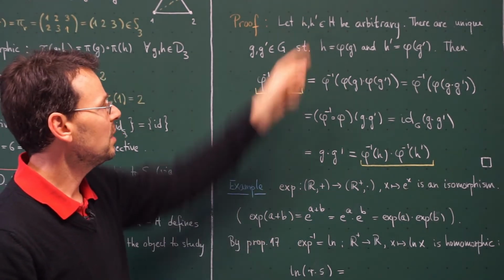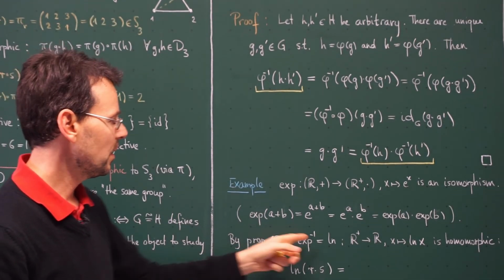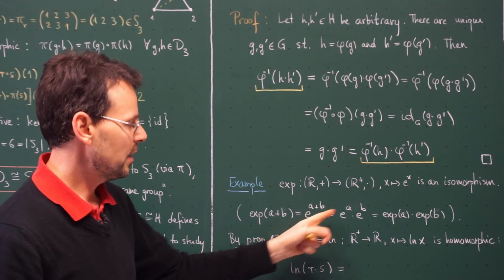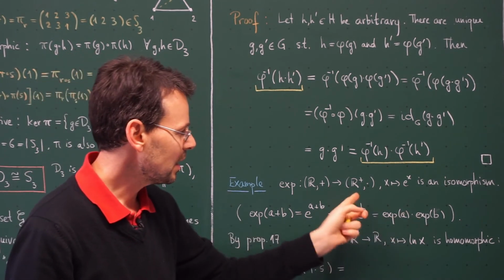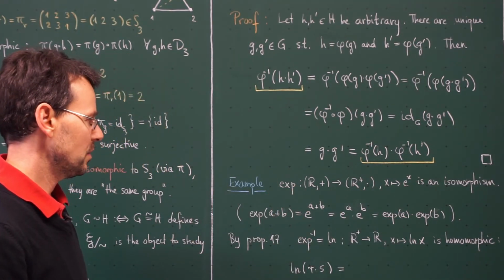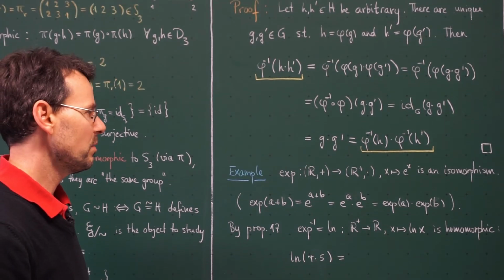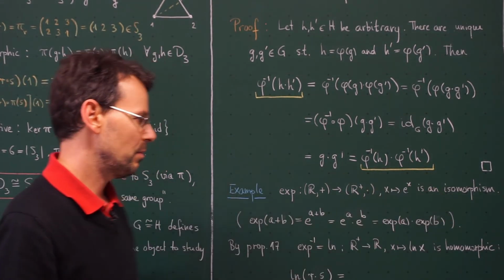I'm using a and b and not g and g prime, because the prime could be confused with a derivative. This is this, and then by the power law for the exponential function, this is this, but this is exactly the group operation in our codomain. So the exponential function is a homomorphism; that it is bijective, we accept from analysis.